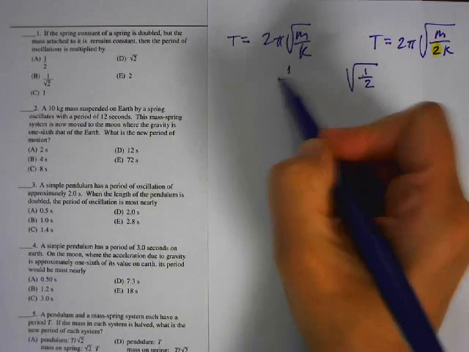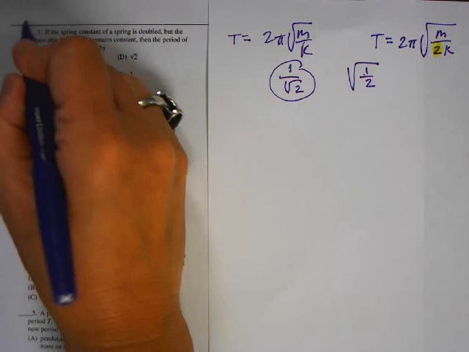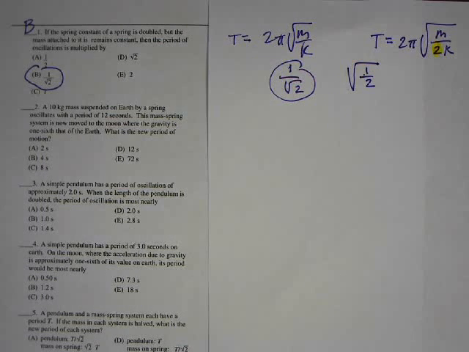So that's why it's 1 over radical 2, which is choice B. That is the way you do these problems. You don't guess. You don't do it in your head. You write down your equations, and you'll never get these wrong. And this is standard on math tests, science classes, everything. All standardized tests have questions like this.